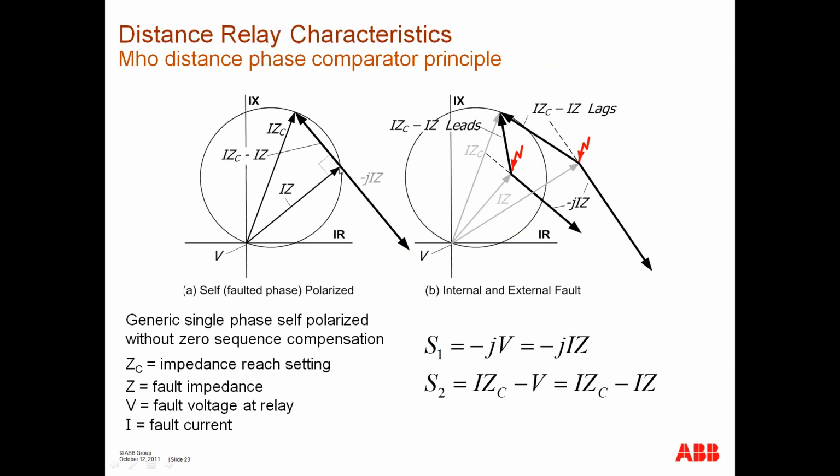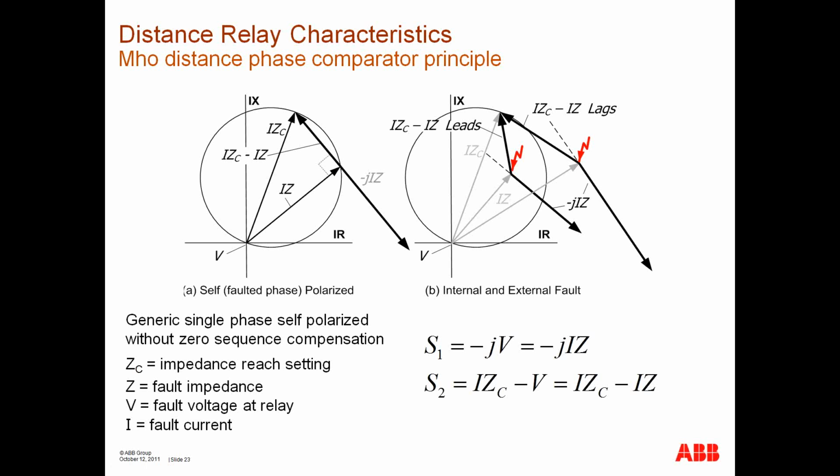At this point, right here, I have taken this quantity IZ and have multiplied it by minus J. So I've taken this value right here, rotated it 90 degrees in this direction, and that's what this quantity is. At this point here, I'm looking at two phasors.